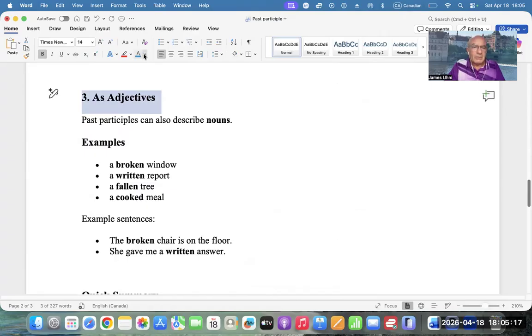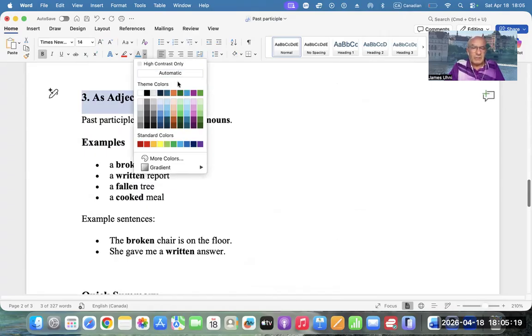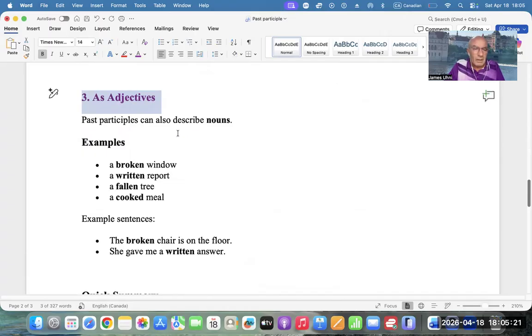And that is very interesting. Past participles can also describe nouns. Wow. And here we have examples. A broken window, written report, fallen tree, cooked meal.